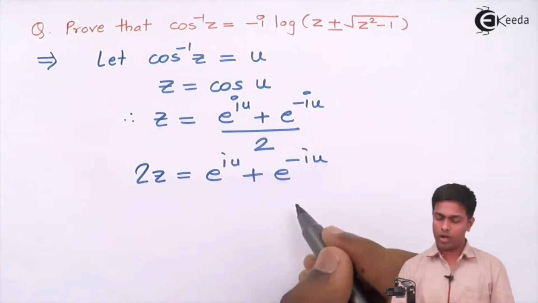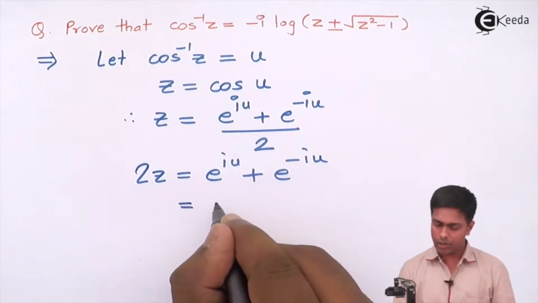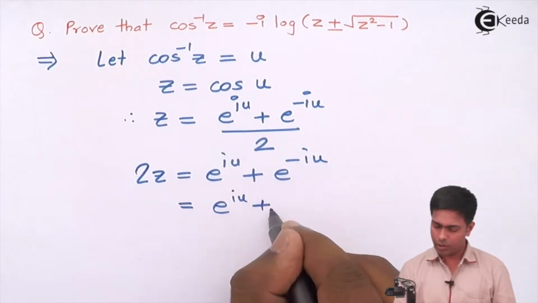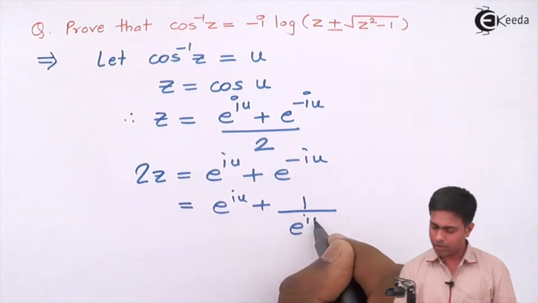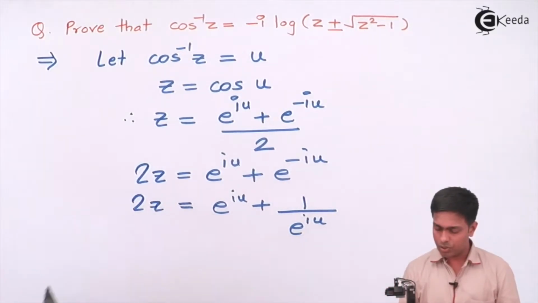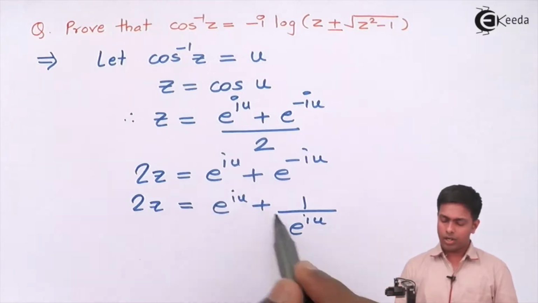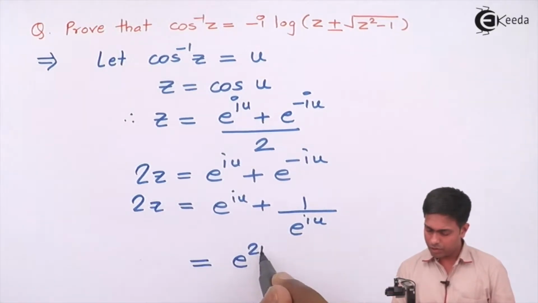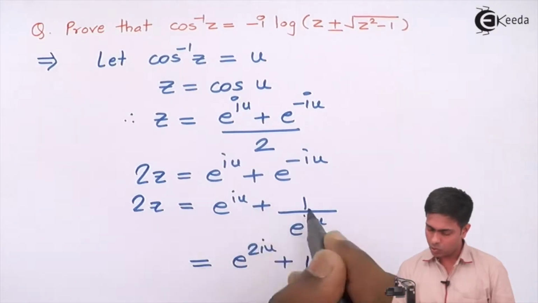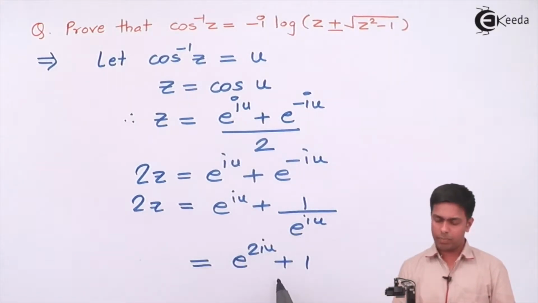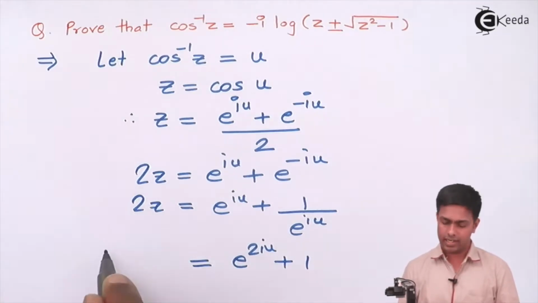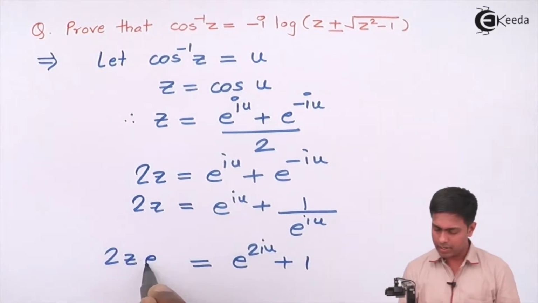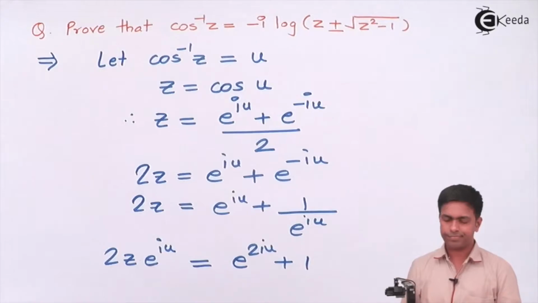Next, this will become 1 upon e to the power iu. So e to the power iu plus 1 upon e to the power iu is equal to 2z. Now here we'll find out the LCM. So that will become e to the power 2iu plus 1 upon e to the power iu, which I'll shift to left hand side and will become 2z e to the power iu.